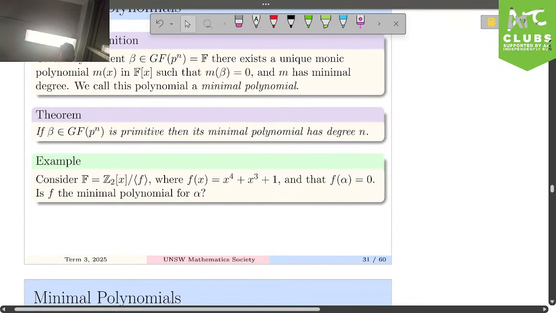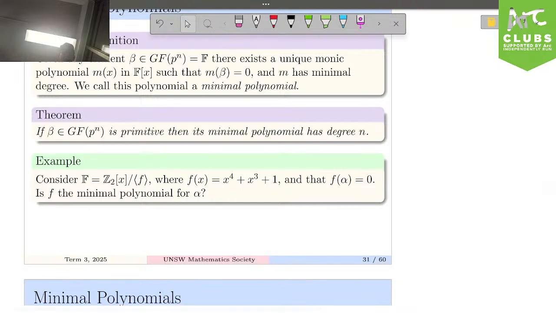Here's a theorem. If beta was a primitive element of our field, then its minimal polynomial has degree n. We can use that to check if a polynomial is minimal. What we do is we look at this polynomial, which we saw before. We actually looked at its root, and we expanded out the whole table. It's the same polynomial. And what we found was that alpha had order 15.